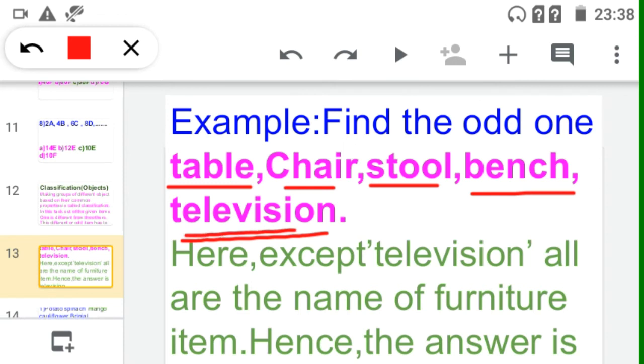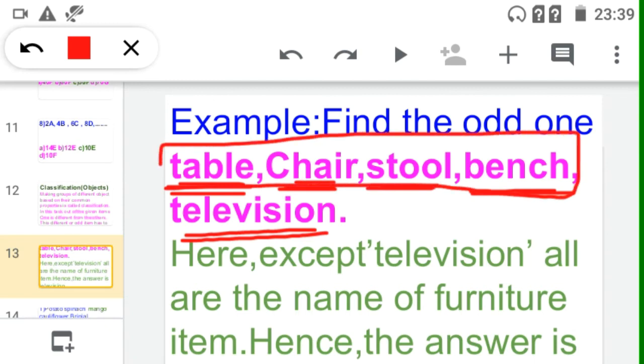So in those things, table, chair, stool, and bench, these are furniture. These 4 things are furniture which is made by wood.